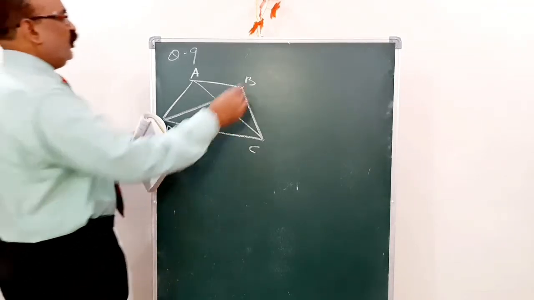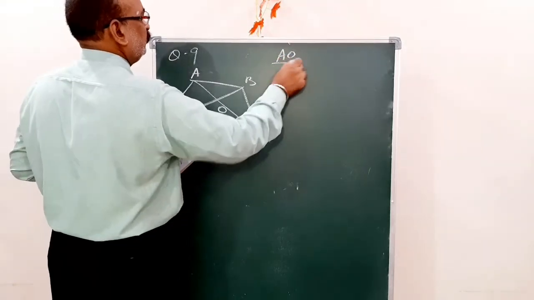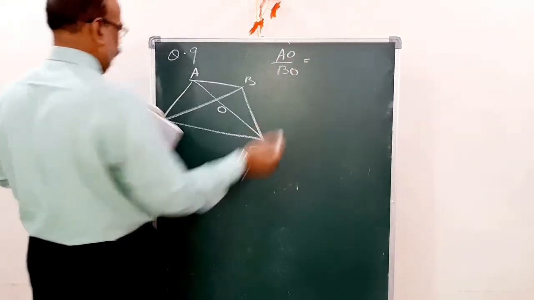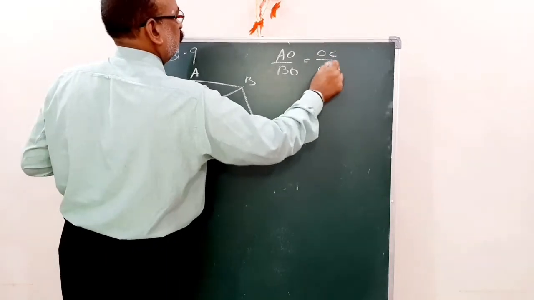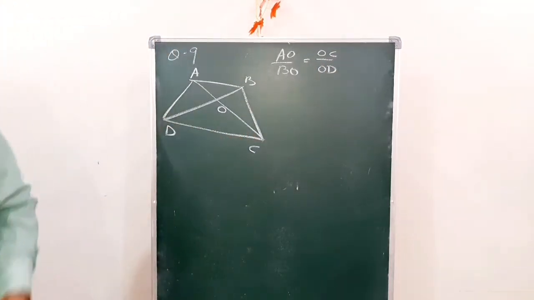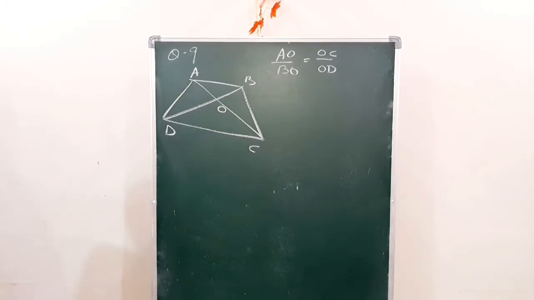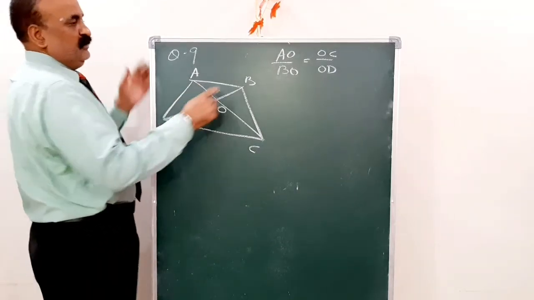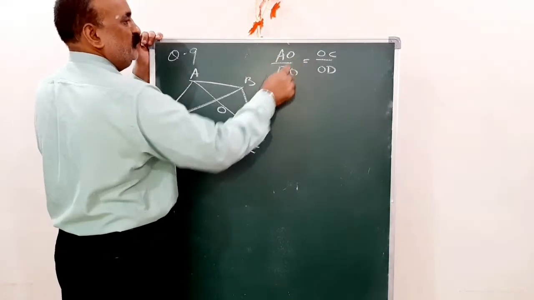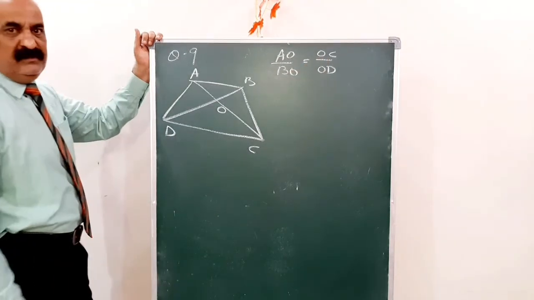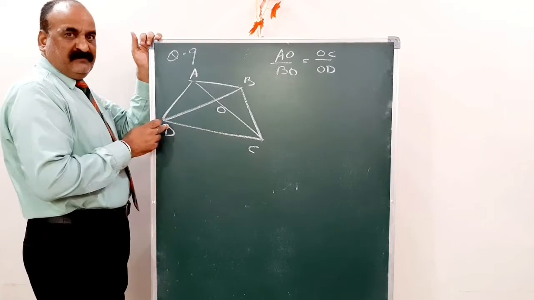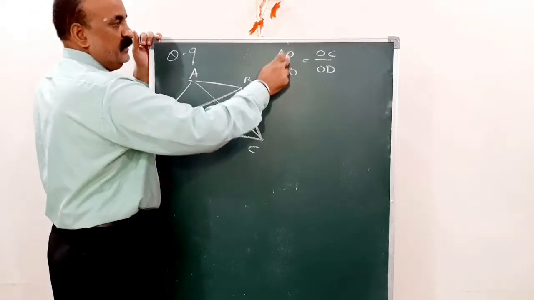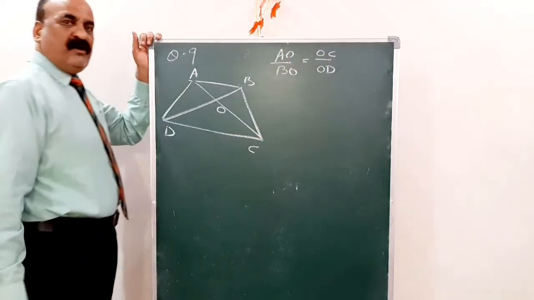To prove that AO upon BO is equal to OC upon OD. What you have to prove here? ABCD is a trapezium. You have to show that AO upon BO is equal to OC upon OD.